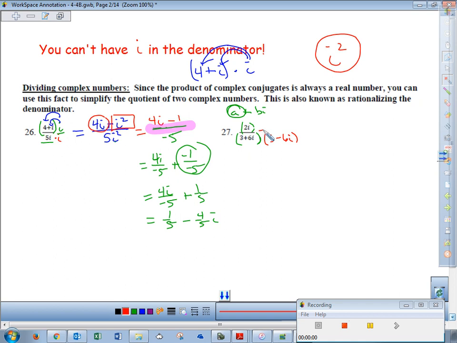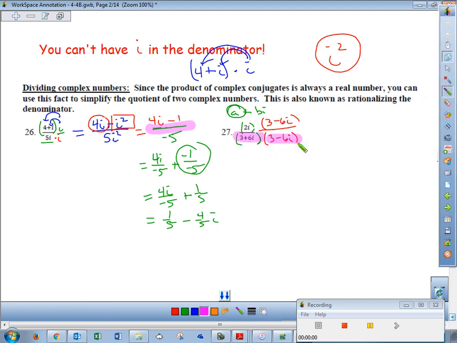Since I'm multiplying it on the bottom, I also want to multiply it on the top to keep this number balanced. I'm taking that original problem times 1. 3 minus 6i over 3 minus 6i, still the number 1. But the reason why I chose it is because this dude right here times this dude right here, since they are complex conjugates, it will turn out to be a real number every single time.